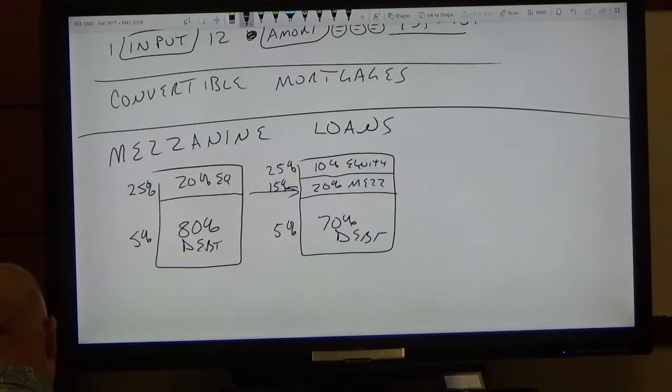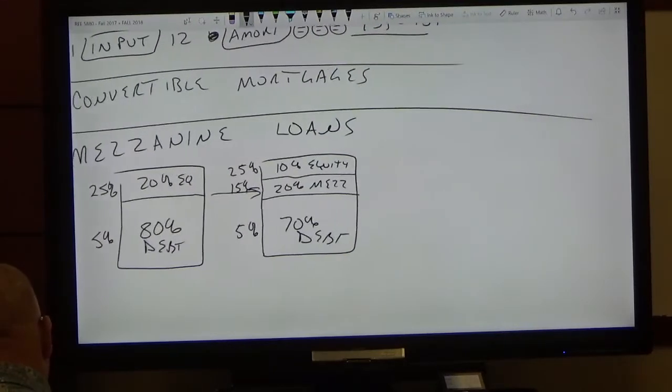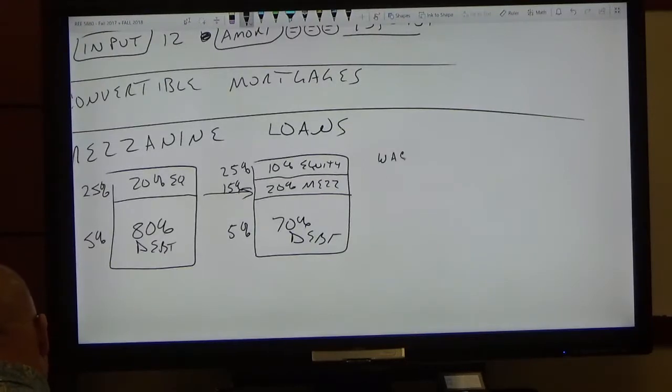Okay, depends on what you're looking for. But let's just say that we take our weighted average cost of capital, which is pretty much the little formula we did this morning in the very first example, where we've got the overall weighted average cost of capital or rate of return that we need.